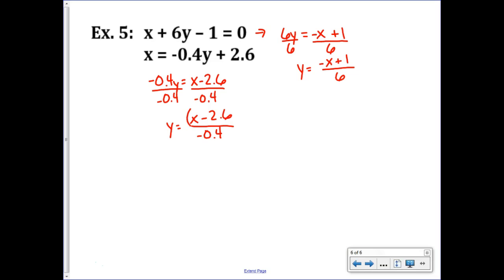Make sure to include those parentheses as you're typing them in your calculator. This one doesn't give you a nice answer, but it is 2 lines, so they meet up at 1 point, and I get 2.71 as my x value and -0.29 as my y value when I plug that in.